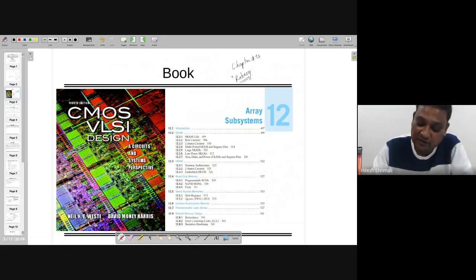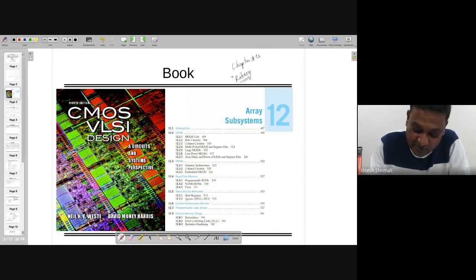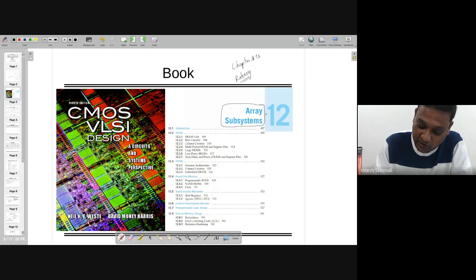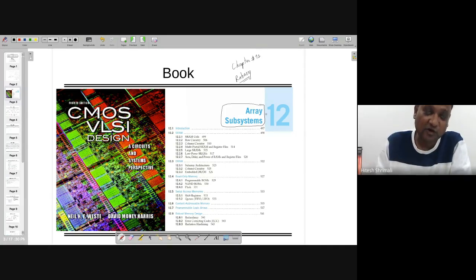I believe that you all know how the memory is organized, and things are designed from computer architecture, because based on computer architecture and the required specifications, we are going to design SRAM, DRAM, and other things, right? So that is what we are going to talk about, and it goes well with the chapter given in this particular book. So I like that. For this particular chapter, I'm going to follow this book only.